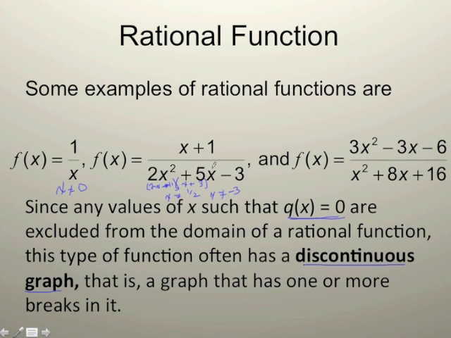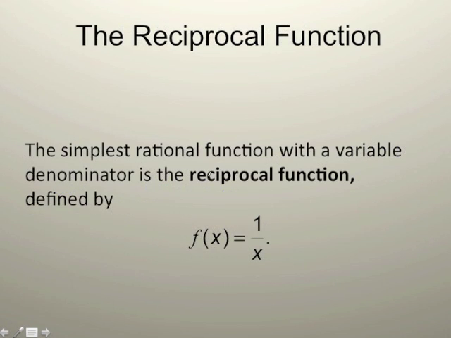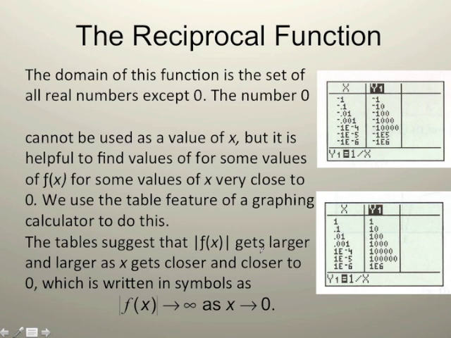So that's an example of what I mean. The simplest rational function is the reciprocal function, 1 over x. The domain is the set of all real numbers except x equals 0. The number 0 can't be used for a value of x, but it's helpful to find some values very close to 0.